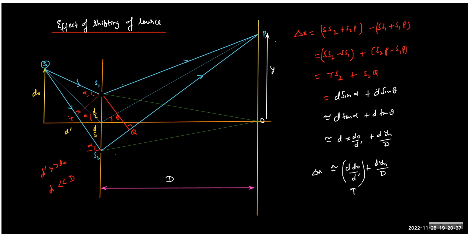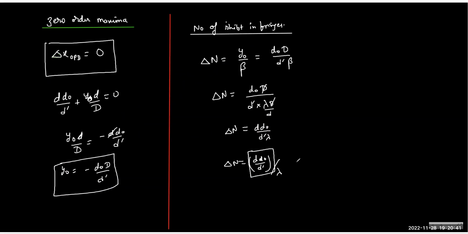And what we are dividing with, so this is the additional path difference upon lambda. So this is how many extra wavelengths you can accommodate in this extra length of path.